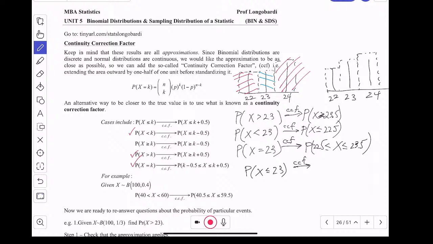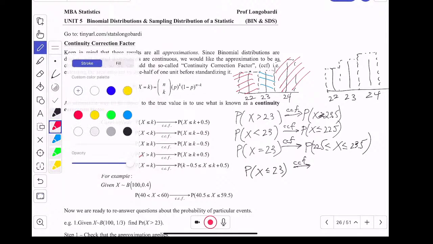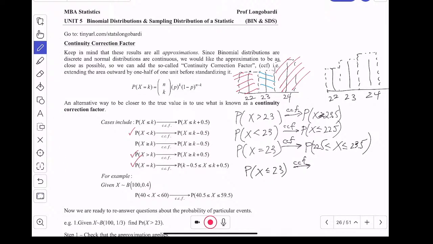What would be the correction factor there? Less than or equal to 23 would involve the 23rd bar and everything below it. So we would have to change this question into x less than or equal to 23.5. And finally, that's this one here.